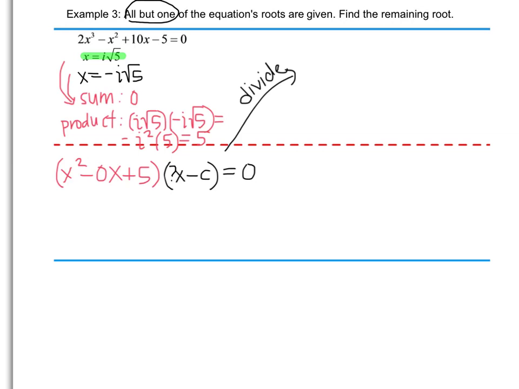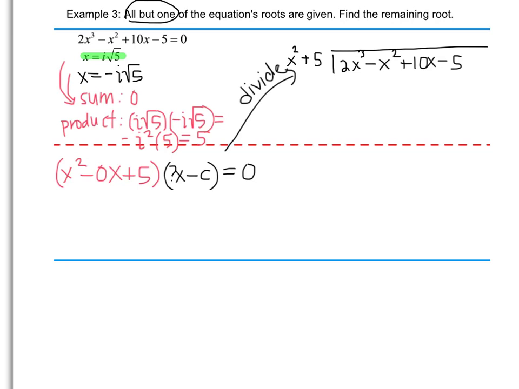So let's take our polynomial, which is 2x cubed minus x squared plus 10x minus 5, and divide by what we came up with over here, x squared plus 5. So I'm going to go ahead and write it as x squared plus 5. You might want to write the minus 0x in there just so that you don't miss any terms, but it's up to you.